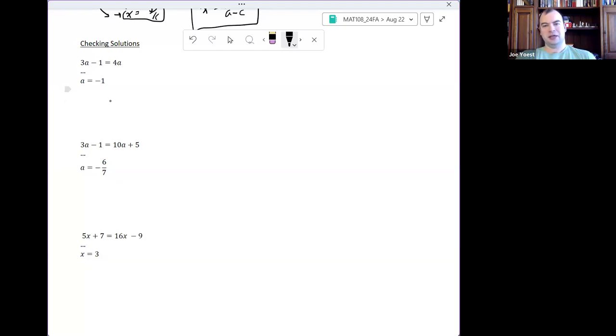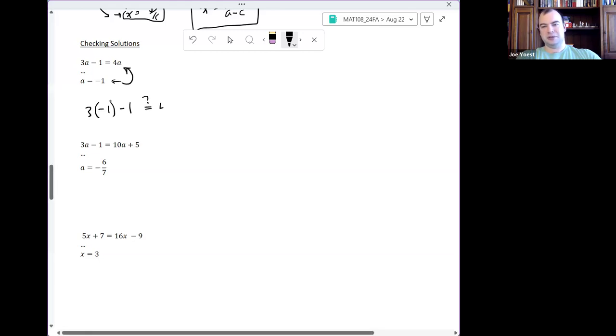Well, my claim is that when I substitute -1 in for the variable A in this original equation, the two sides of the equation should simplify down to the same number. Let me check and see if that is actually true.